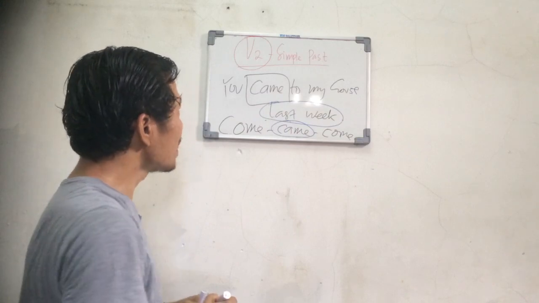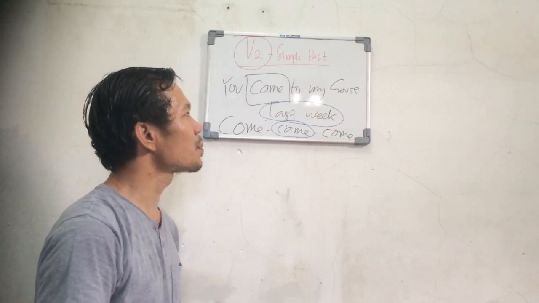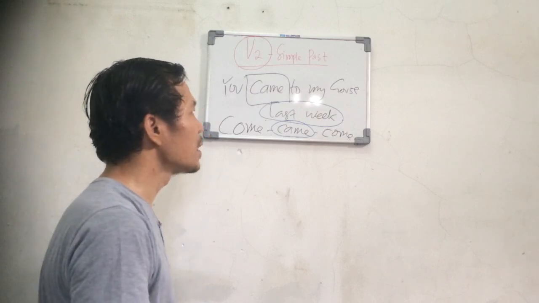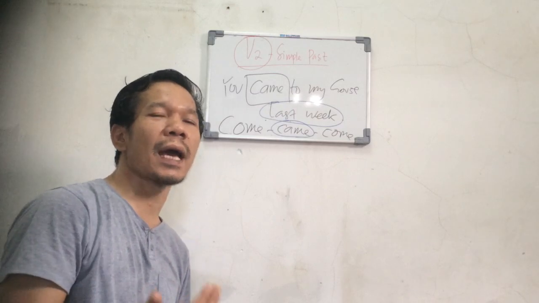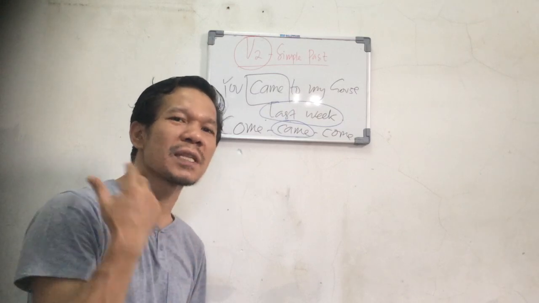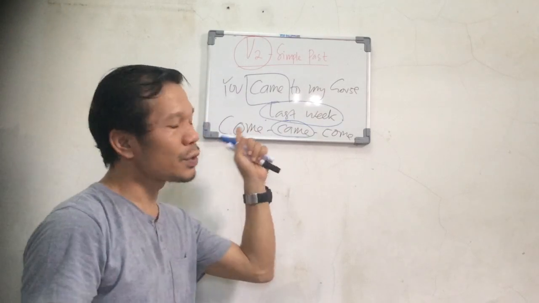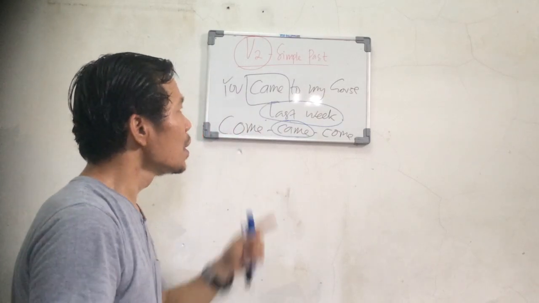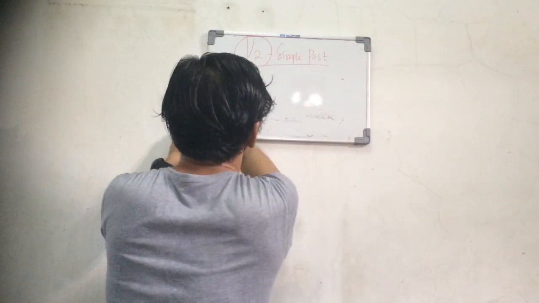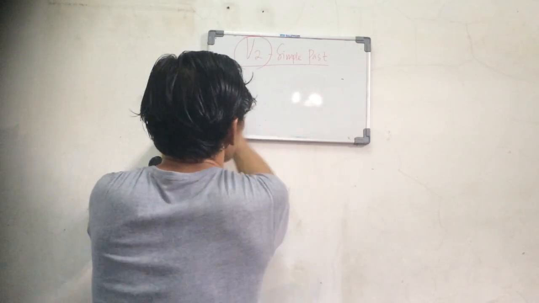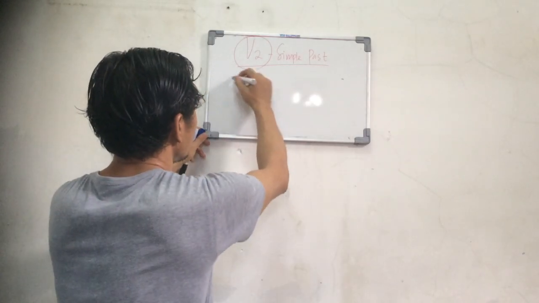Okay, so that's the most important thing in simple past. We have the specific time in the sentence so that someone will know the action happened at a specific time in the past. After those two examples, we continue to the time signal.